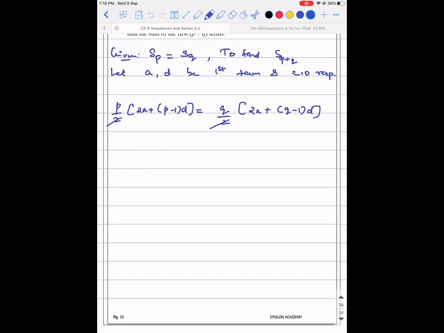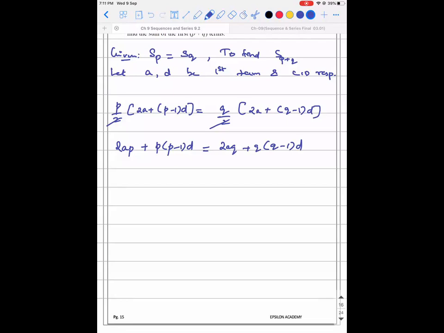So how do we solve this? Let's see. 2ap plus p into (p minus 1) into d is equal to 2aq plus q into (q minus 1) into d. How many unknowns are there? What is the data that is not given in the question and we have included? a and d.